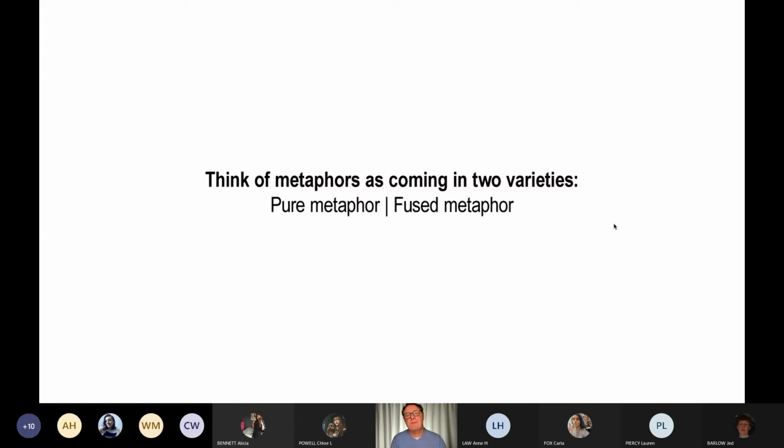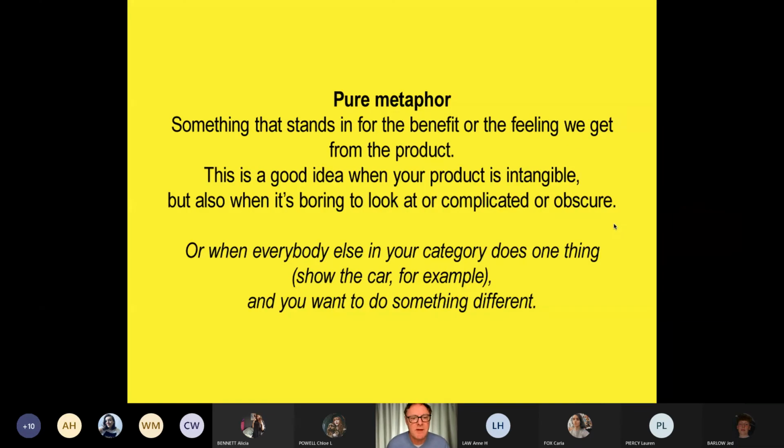So think of metaphors as coming in 2 varieties, okay? There are pure metaphors and there are fused metaphors. I'm going to introduce you to both of them. First of all, a pure metaphor is something that stands for the benefit or feeling we get from a product.